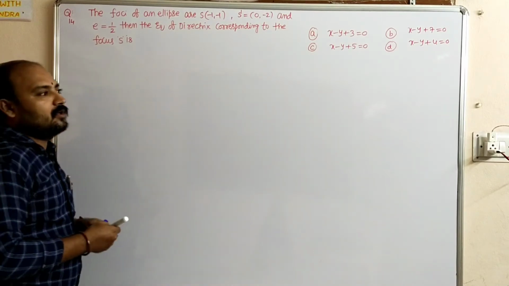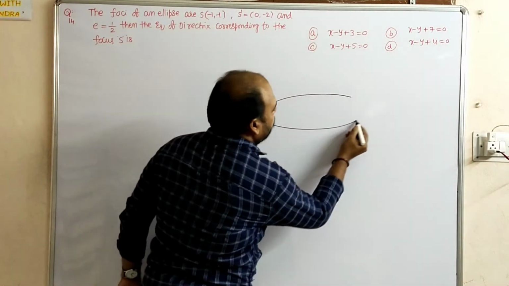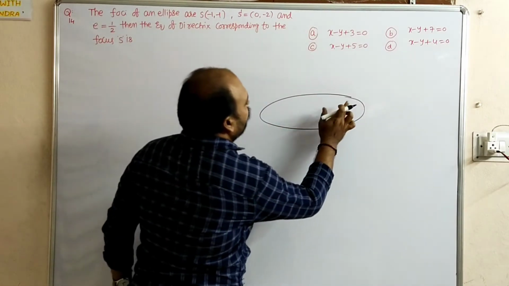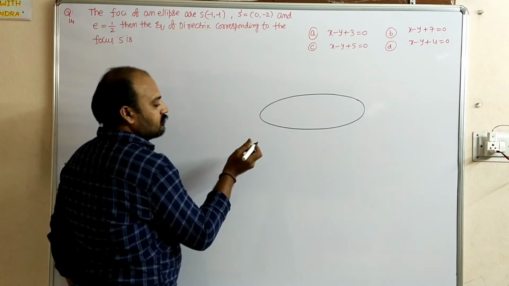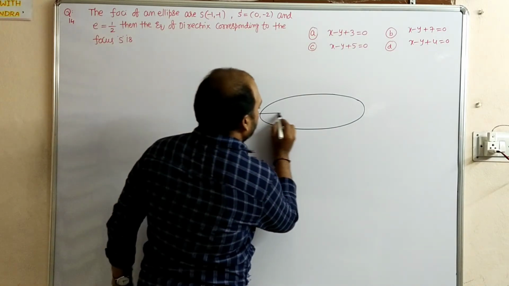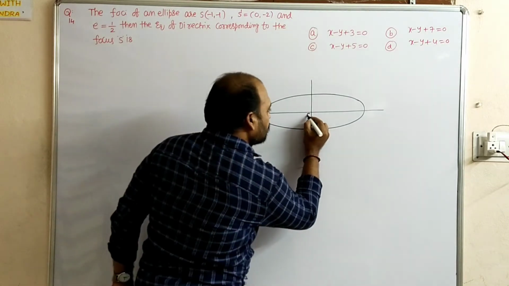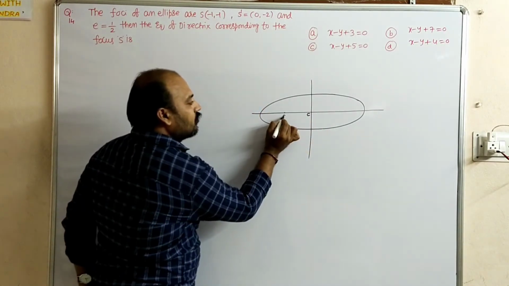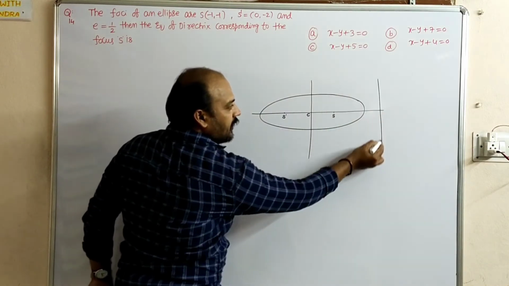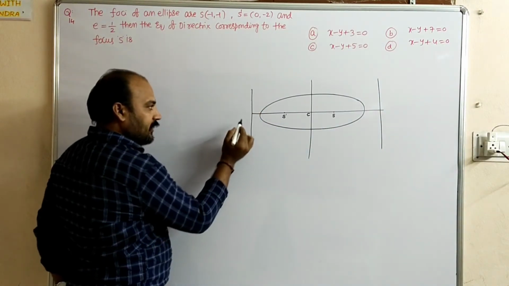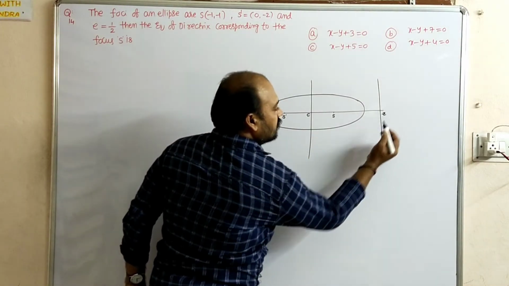See, I will show the figure in the diagram. This is the center, S dash S. This is the directrix, and this is also a directrix, Z dash Z.